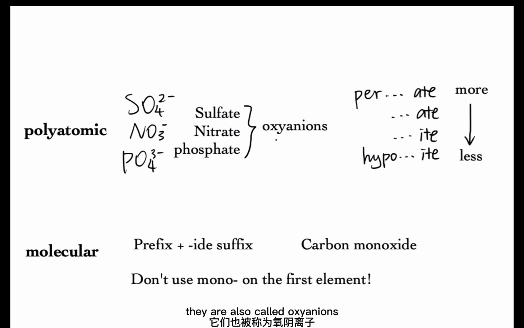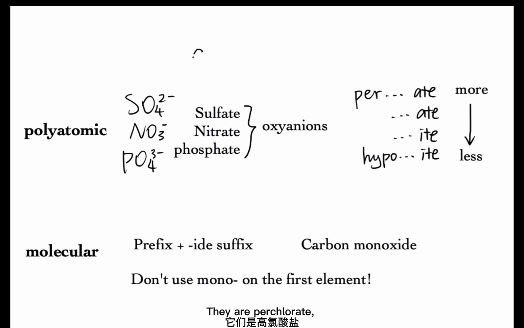They are also called oxyanions. The prefix and suffix of their names are listed here, in the order of oxygen number from more to less. For instance, chlorine has 4 corresponding oxyanions.